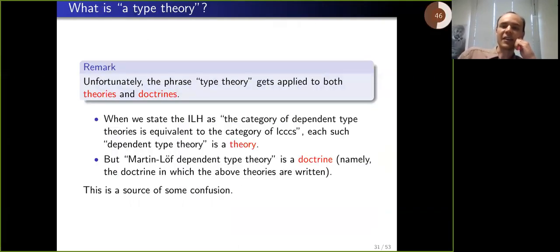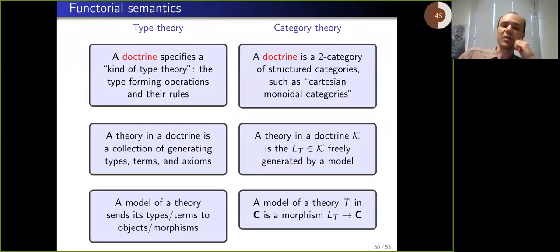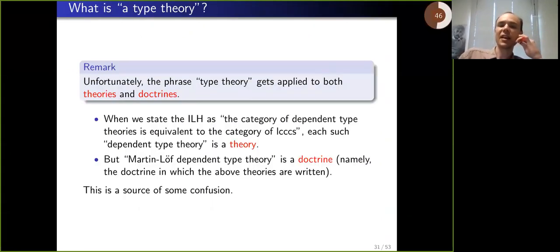And this helps clarify things because it separates the theory, which is given by the generating types and terms and axioms, from the doctrine, which is the type operations and their rules. But it's a little bit confusing because often people use the word type theory to apply to both theories and doctrines.